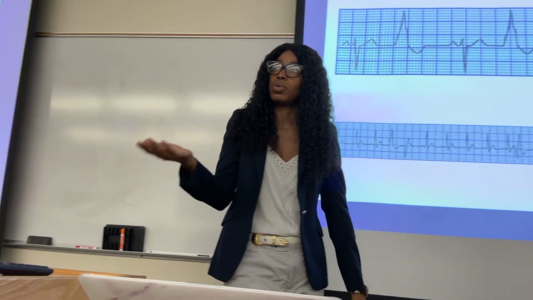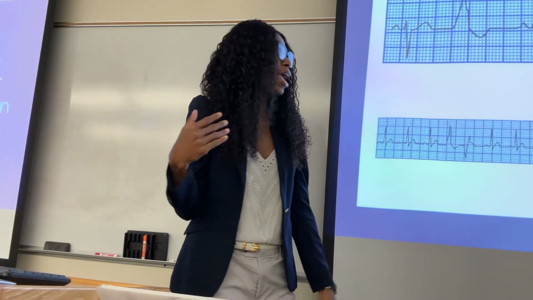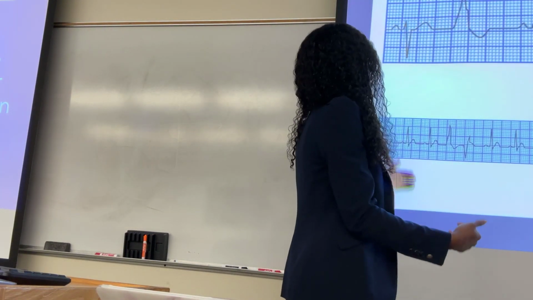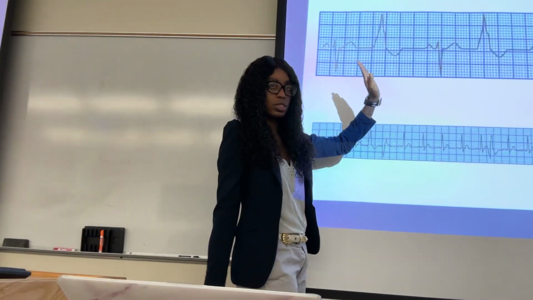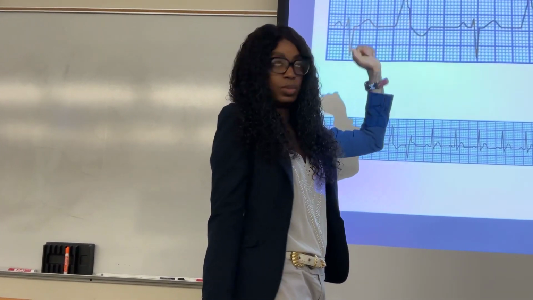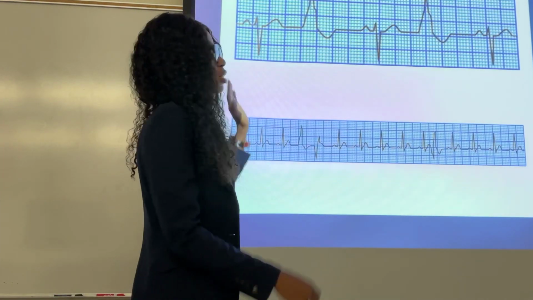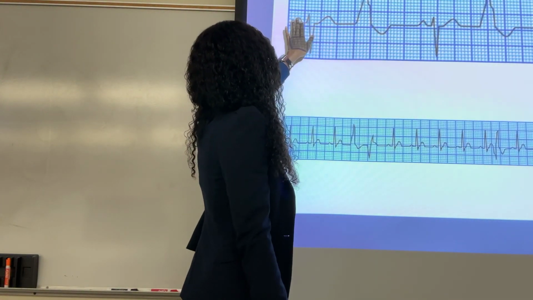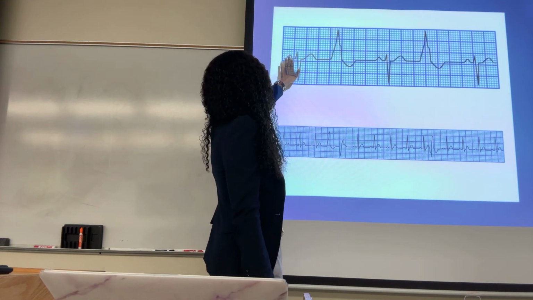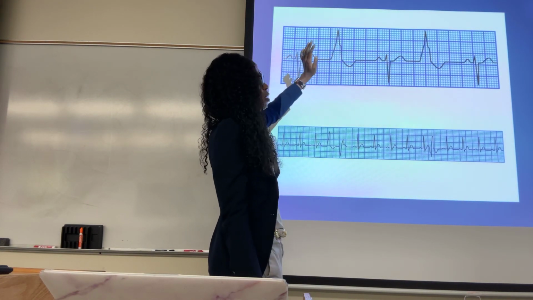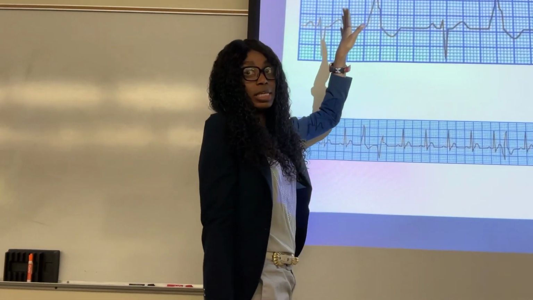And if you remember, we had premature atrial contractions, right? And so these contractions, the ventricles contract too soon. So remember we said if it's a P problem, usually we're going to see the P's, but when it's a ventricular problem, we're not going to see the P's, right?